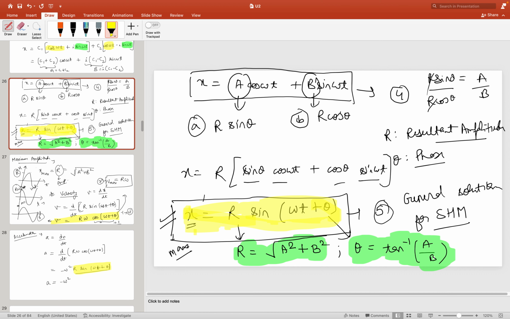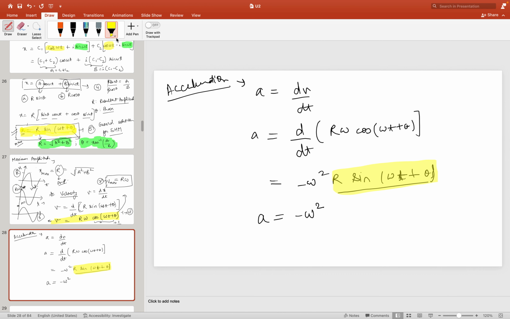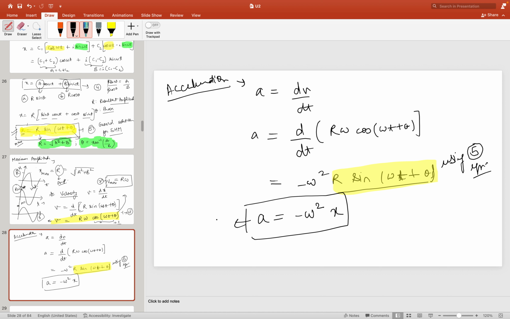So we can put this value in this equation, using the fifth equation. Okay, so it will be equal to minus omega square x. This is your equation number 8.